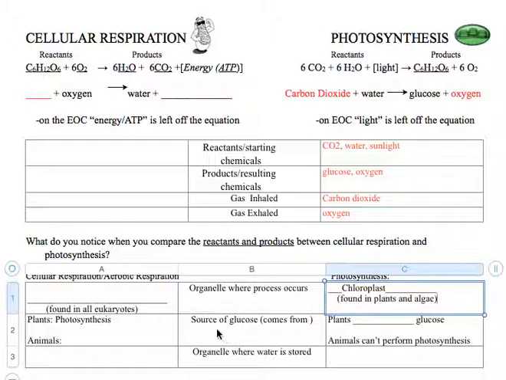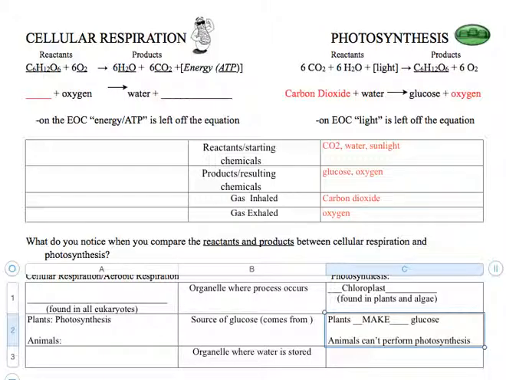Coming back down to the data table, the source of the glucose. So where does the glucose come from? Okay, so where do plants get glucose? Well, if we look back up at our photosynthesis equation, plants use carbon dioxide, water, and light to make glucose. So the answer here is plants actually make glucose.